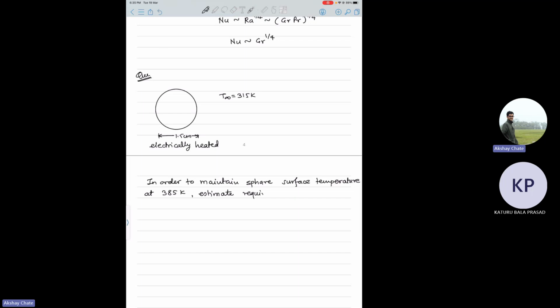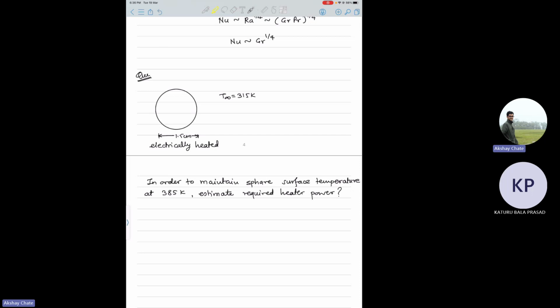Since the sphere is electrically heated, we need to estimate how much power we need to supply to the sphere so that its temperature is maintained. The temperature of the surface is 385 Kelvin. The ambient temperature, which is the ideal temperature, is 315 Kelvin.